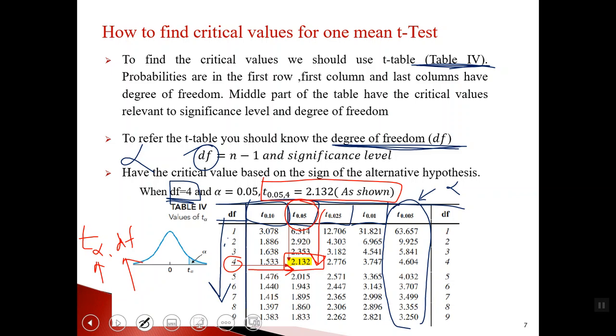Okay, the body section in this t table always gives you probability values. Do you remember, this is a question, in the Z table, what did the body values tell you?